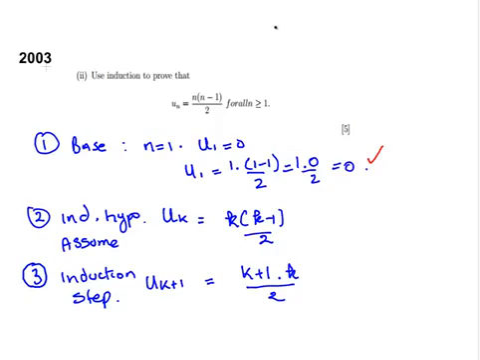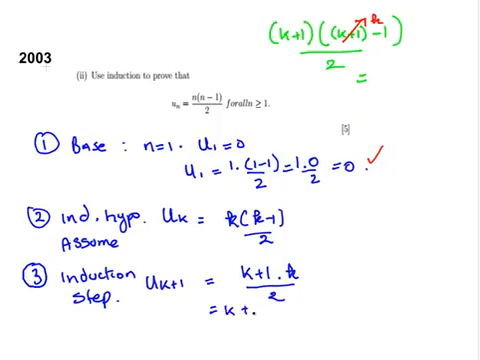For u of k plus 1, that's k plus 1 times k plus 1 minus 1 all over 2. Simplify that. You have k plus 1 minus 1, that just simplifies to k. That's what we have down here. That is equal to k plus k squared all over 2.